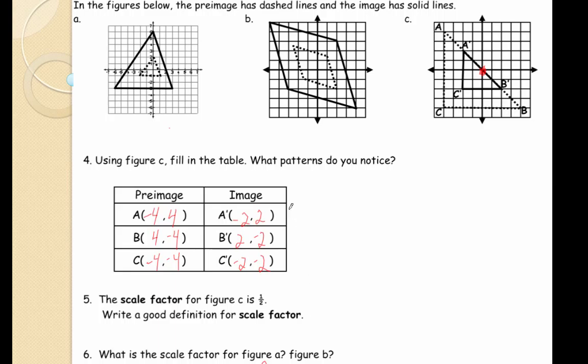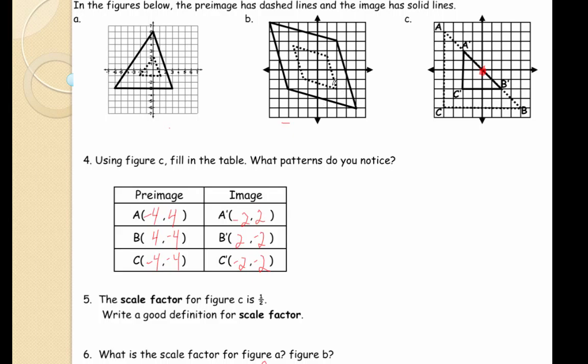And figure B, so we start with the dotted one. We go from, let's find one that's on an intersection somewhere, 2, -2 to, that one goes down here, so it's 4, -4.